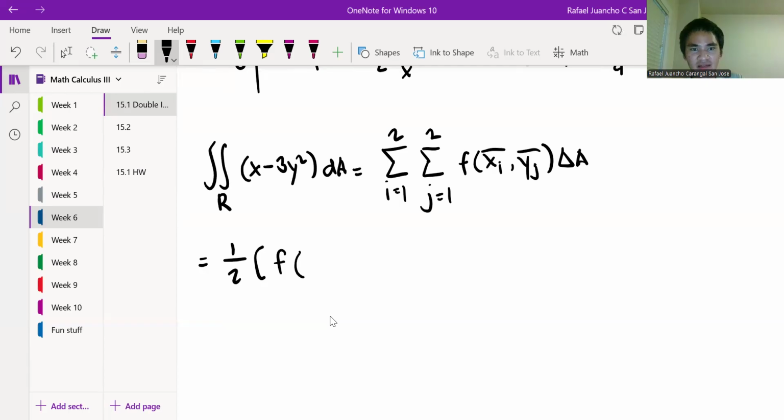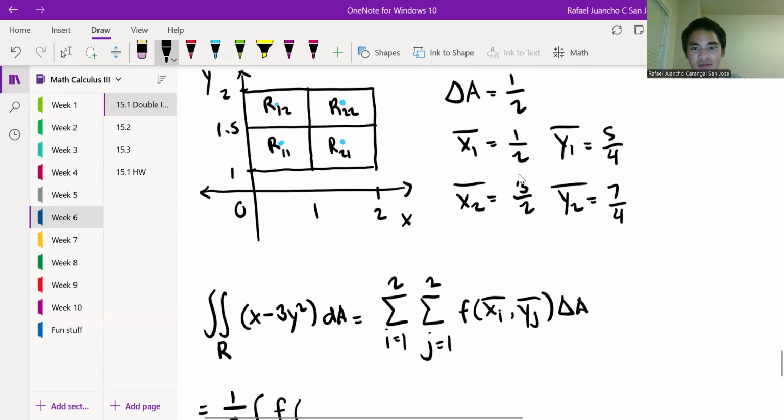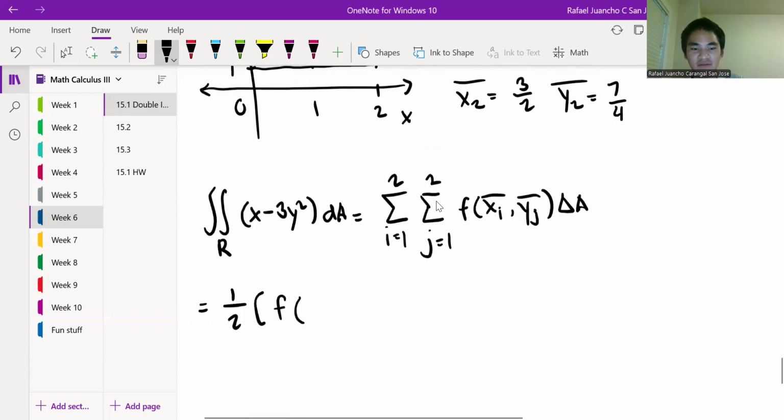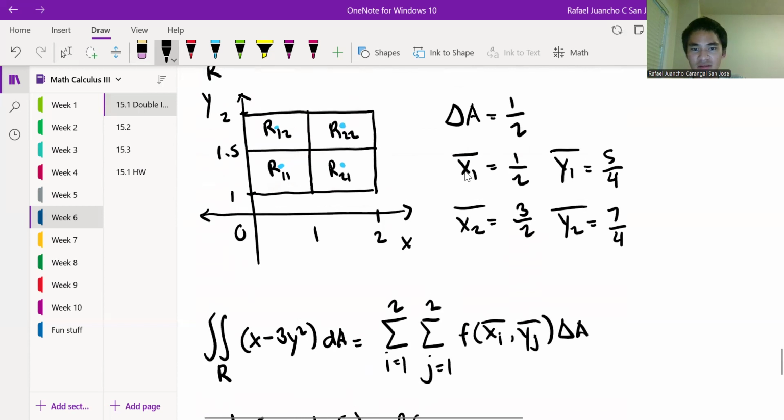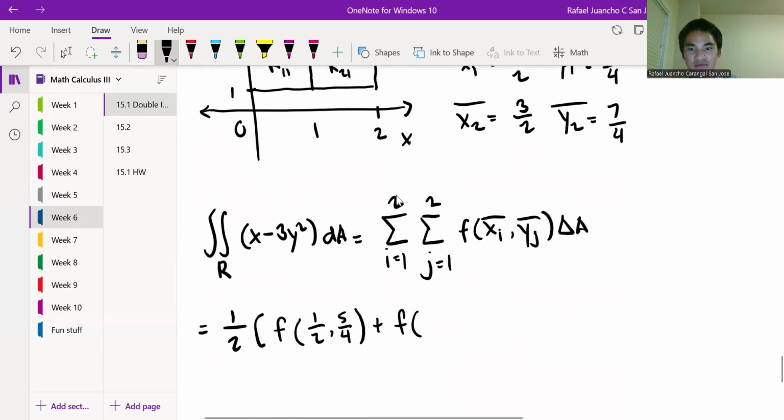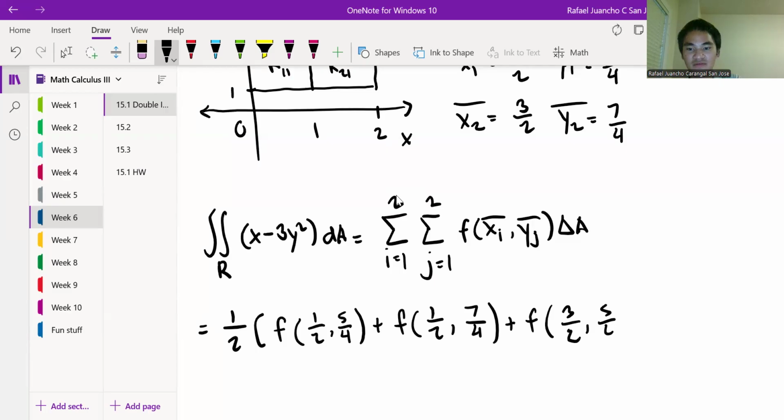So it's my f at this point, (1/2, 5/4), plus f at, I'm going to go up then, so still x1 but this time y2, so (1/2, 7/4). Then I go to my next x sub 2, so (3/2, 5/4). So I should have 4 combinations here, including (3/2, 7/4).